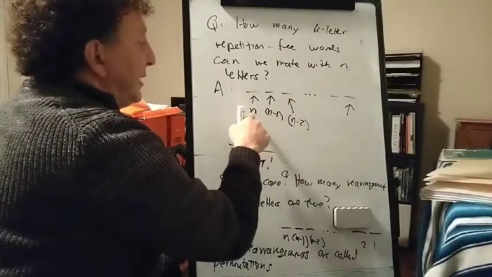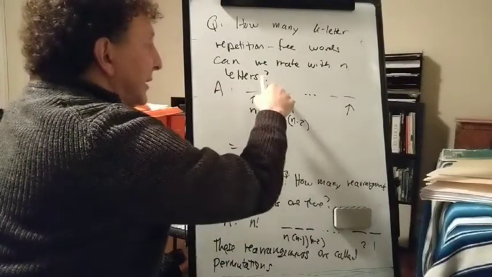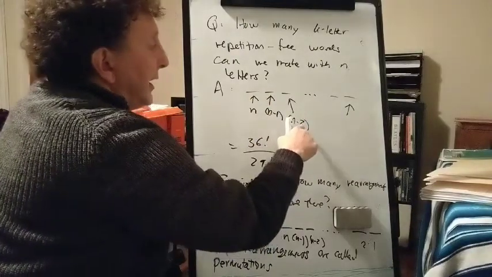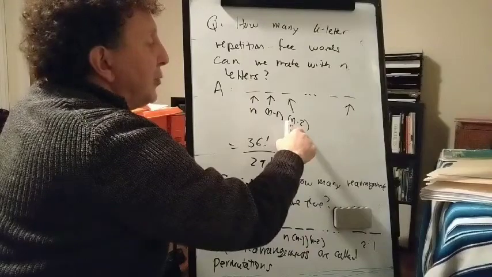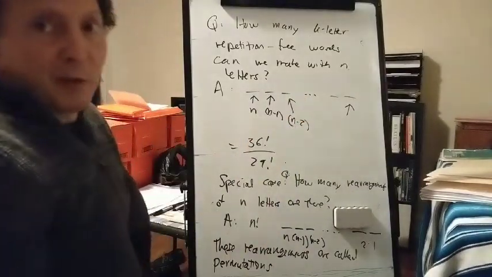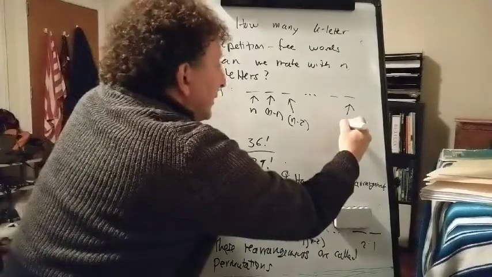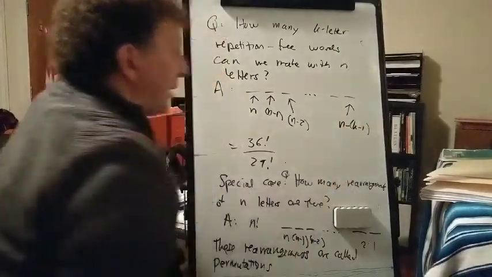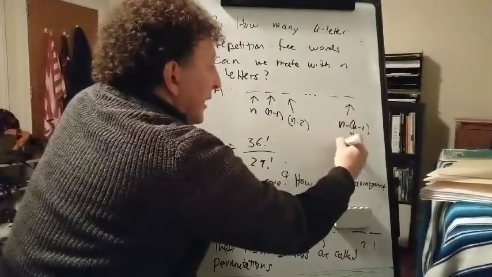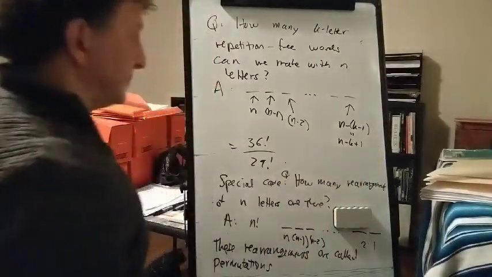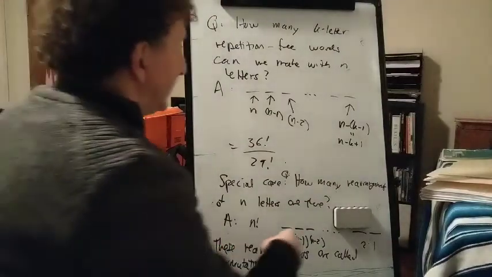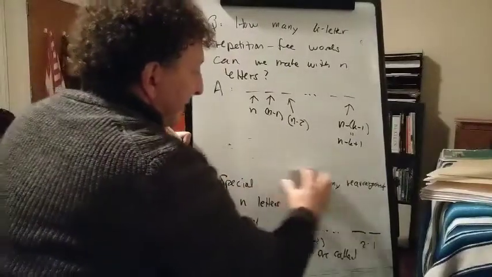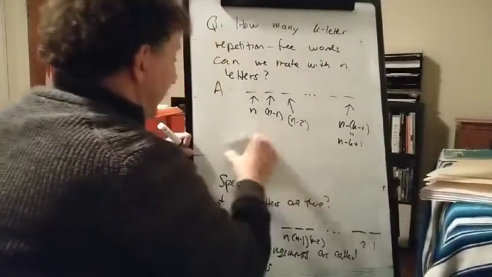If the first blank has n minus 0 choices, and the second blank has n minus 1, and the third blank has n minus 2, I guess what we're subtracting is off by 1 from the number of the blank we're looking at. So the kth blank has n minus (k minus 1) possibilities, or n minus k plus 1. So we could multiply all these numbers together and say that's our answer, and that's one way to express it. That's not bad.